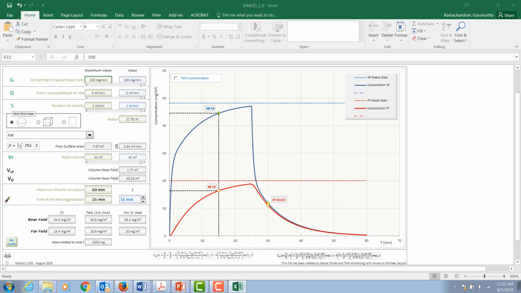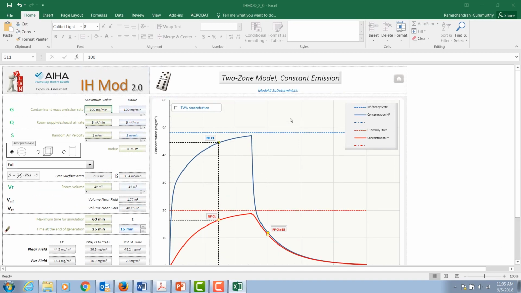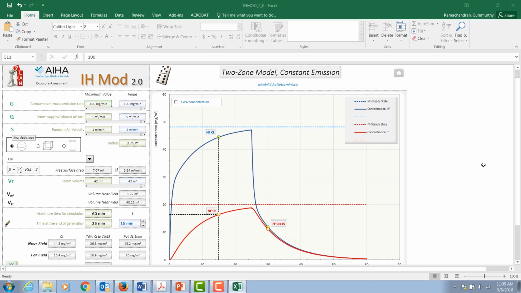So that's the two-zone model, constant emission rate. So here, again, we have the input parameters for this model.